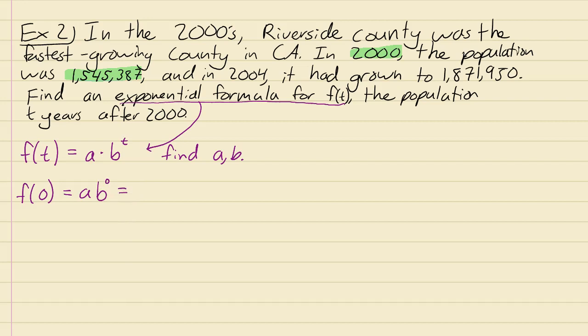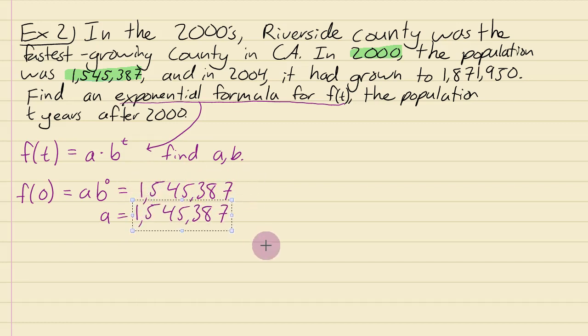And that result should be equal to 1,545,387. And because b to the power 0 is just 1, this tells you your value of a is just that number, because it's a times 1. So that's a.